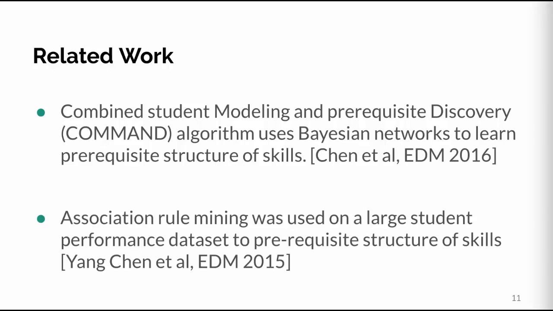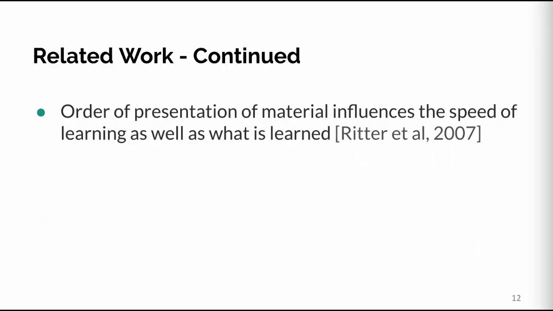Shen et al. in 2015 discovered prerequisite structure of skills by using association rule mining on a large student performance database. Ruth et al., in their book titled In Order to Learn: How the Sequence of Topics Influences Learning, extensively explained that the order of presentation of materials influences the speed of learning as well as what is learned.